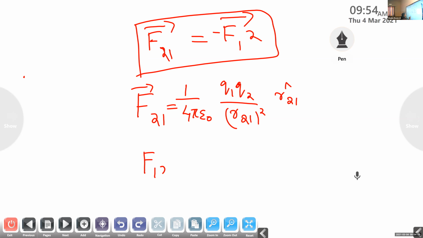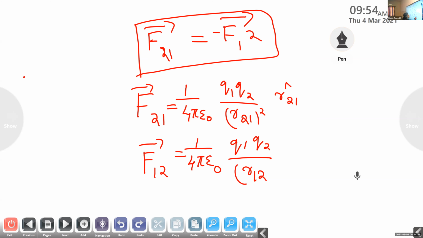Similarly, F12 is equal to 1 by 4 pi epsilon 0 Q1 Q2 divided by R12 the whole square into R12 cap. These are our two equations.